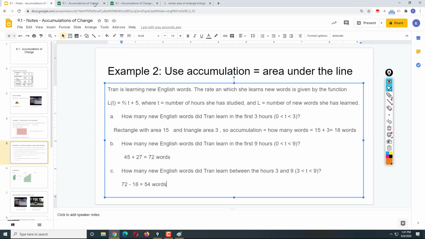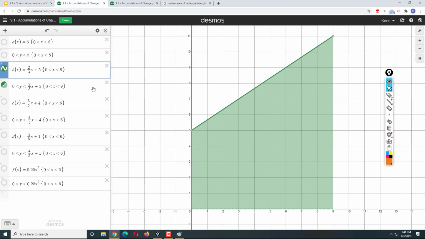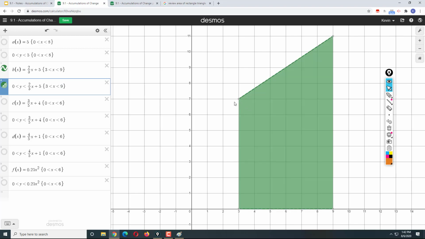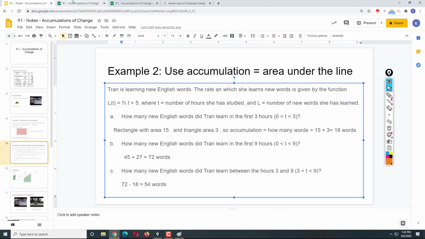Okay. If we look back at the graph, what we're saying is we're doing this part minus this part. So we end up with this. This is the area that we're working with because the first part went away. Okay. The easiest way is just to subtract 72 minus 18, and we get 54.